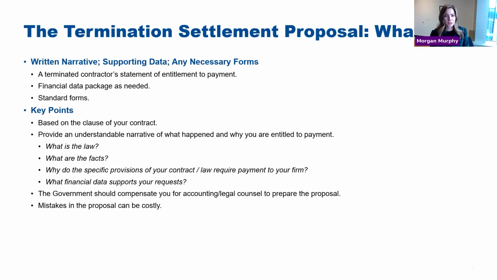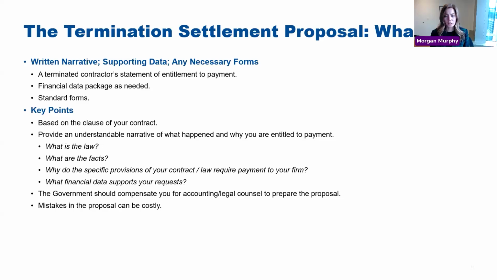So by starting off by creating a plan, you're figuring out what you need to include in that termination settlement proposal, when you need to get it done by, and whether you need to bring anyone in to help you with that. Oftentimes companies will bring in someone with some specialization in accounting to help account for how those costs are being handled, and also legal counsel.